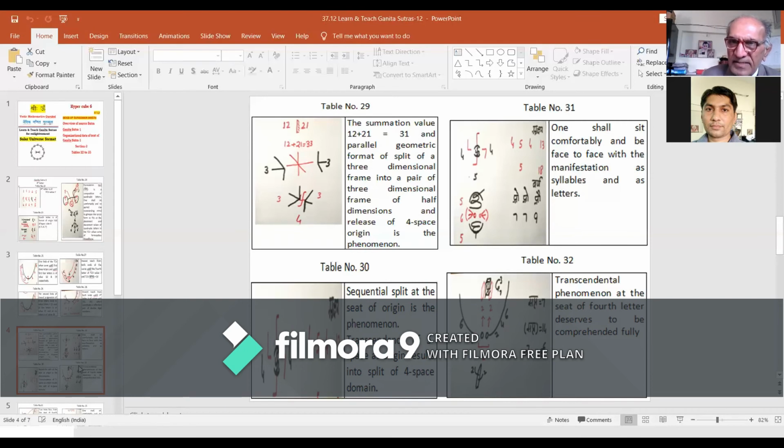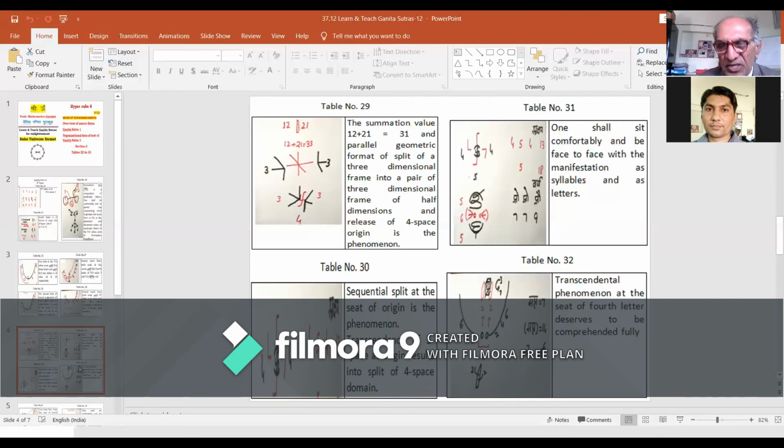Vedic mathematics is of a creative domain. It is of a creator's space. It is of a spatial dimensional order. And this spatial dimensional order provides dual status to the center of the cube.